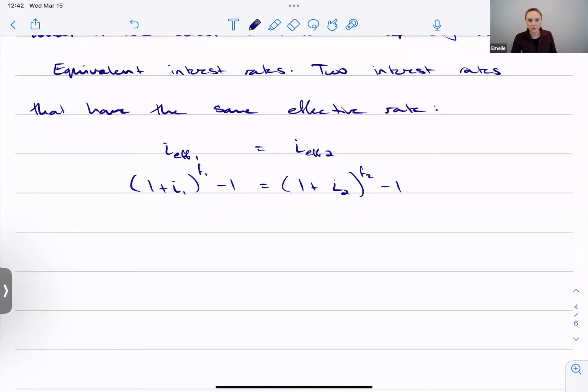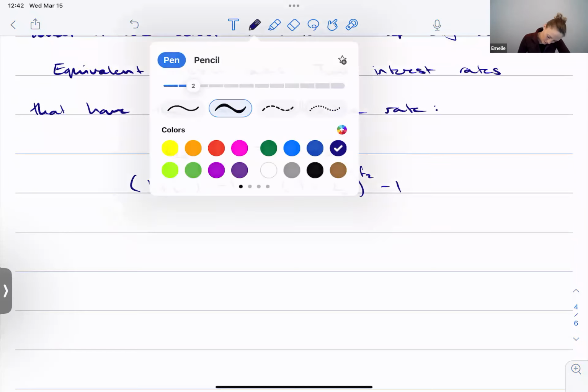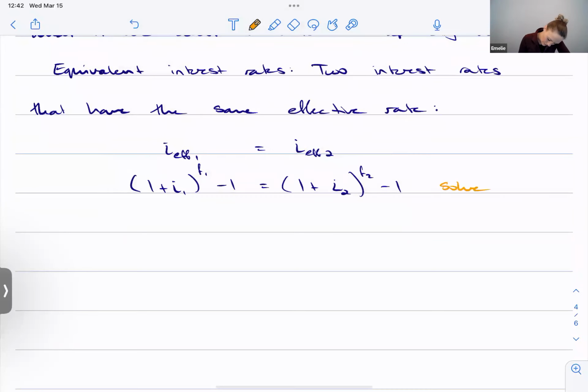I'm going to be moving from some compounding frequency 1 to some compounding frequency 2, so I want to solve for I2 from here.